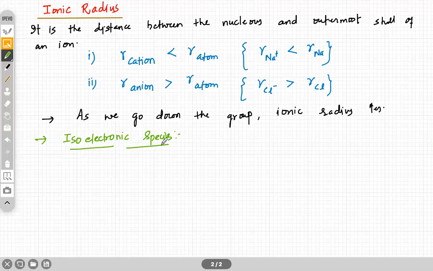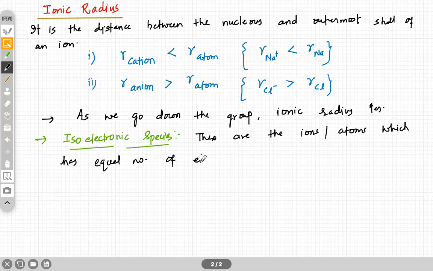Write down, these are the ions or atoms which have an equal number of electrons, hence isoelectronic species.